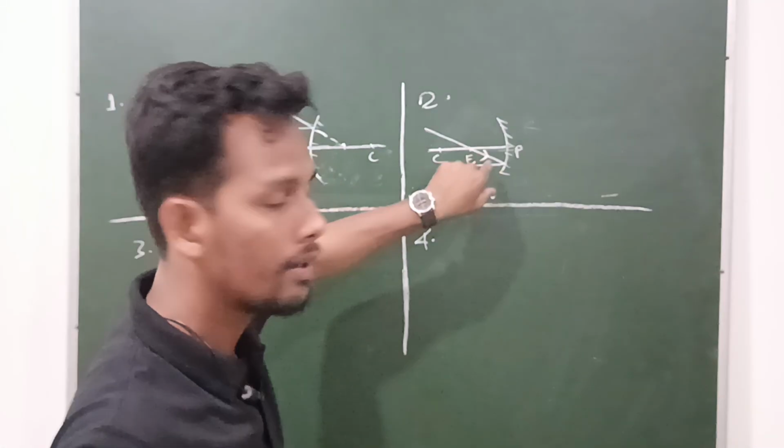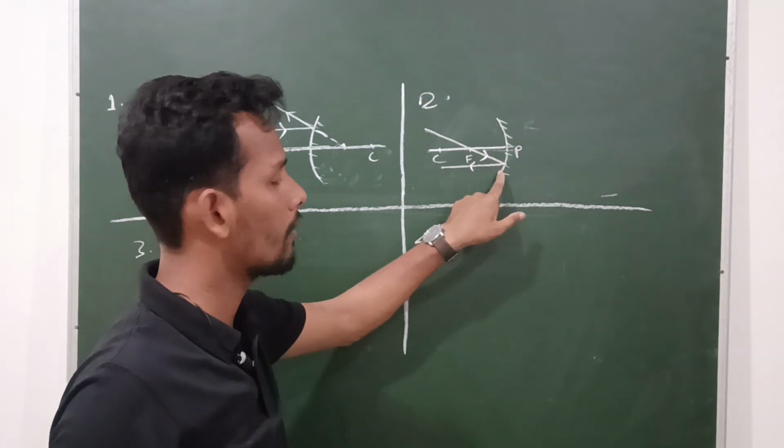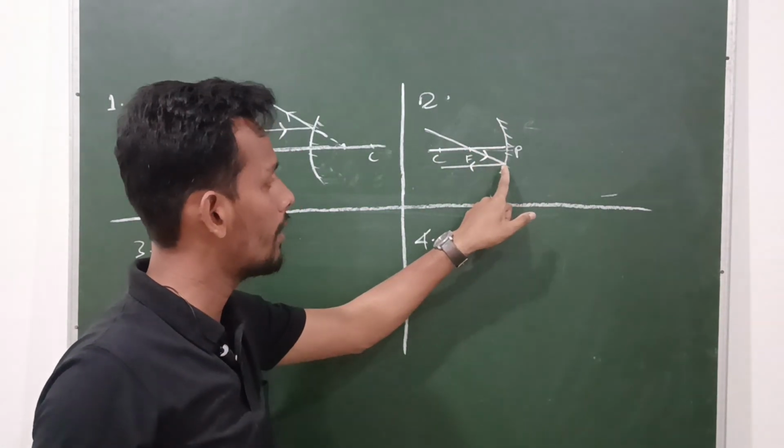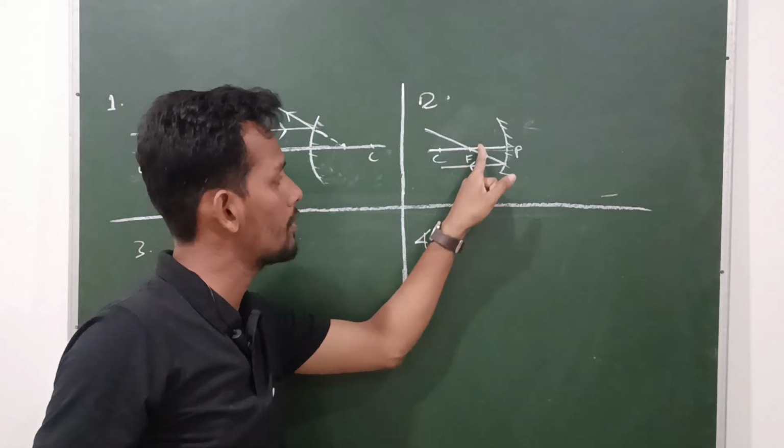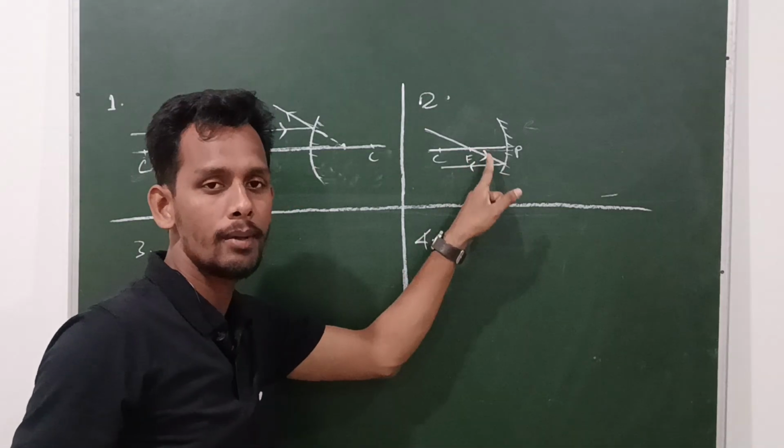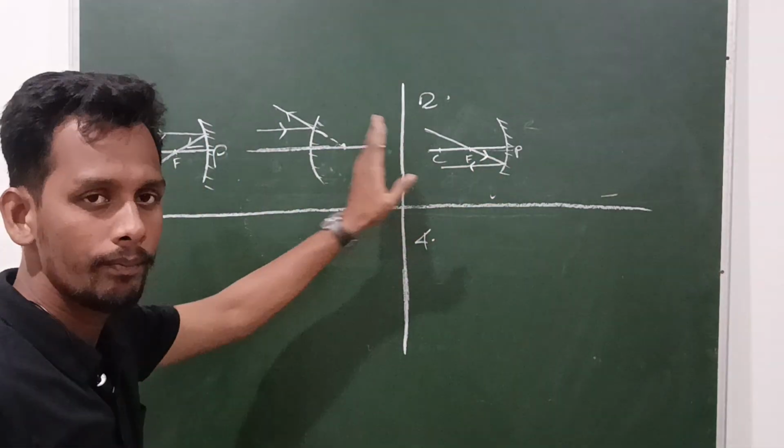The reflected ray, in case the incident ray passes through the focus, will reflect back parallel to the principal axis. It is the inverse of this.